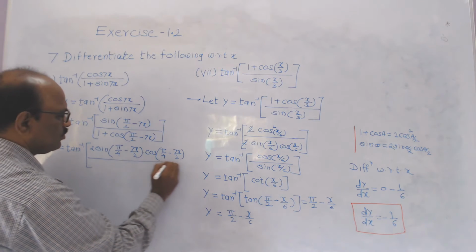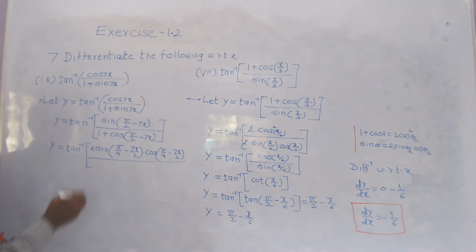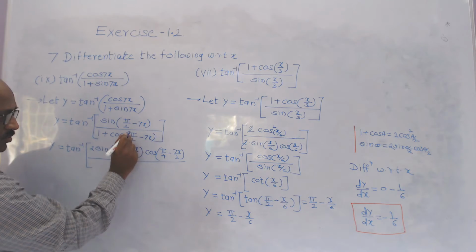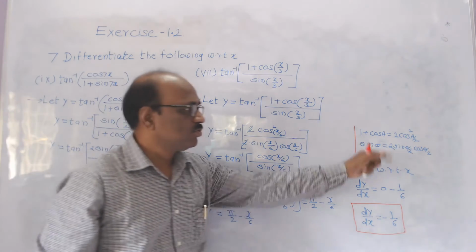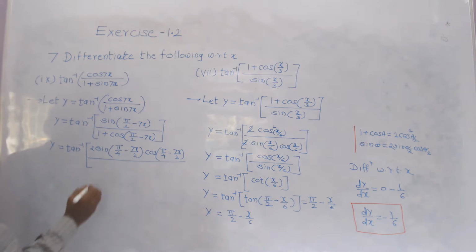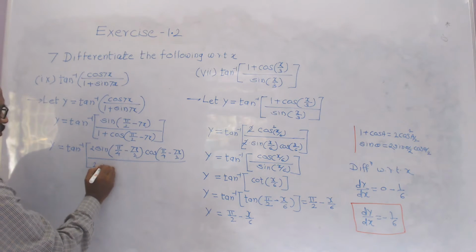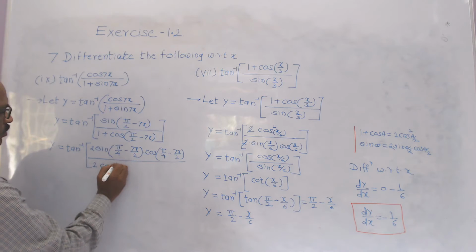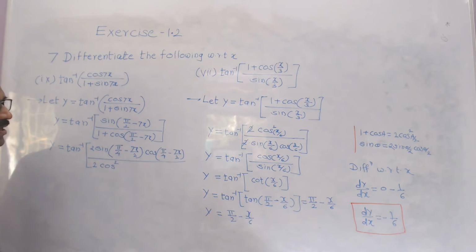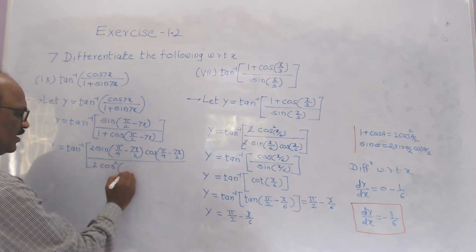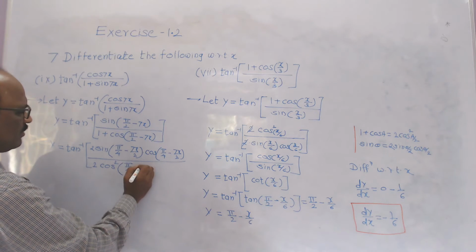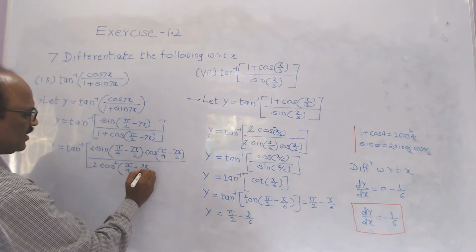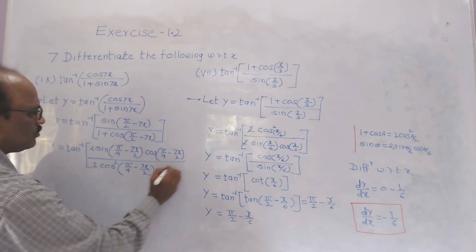Again this whole divided by 1 plus cos of pi by 2 minus 7x, which is 2 cos square x by 2. Therefore I will write here 2 cos square of pi by 4 minus 7x upon 2.